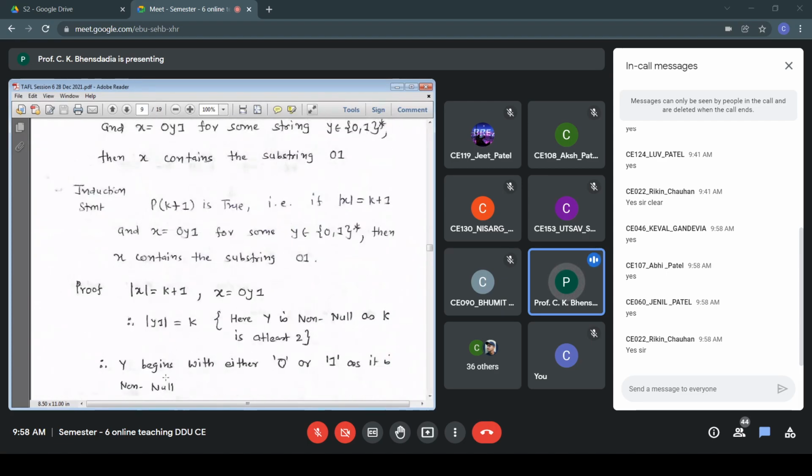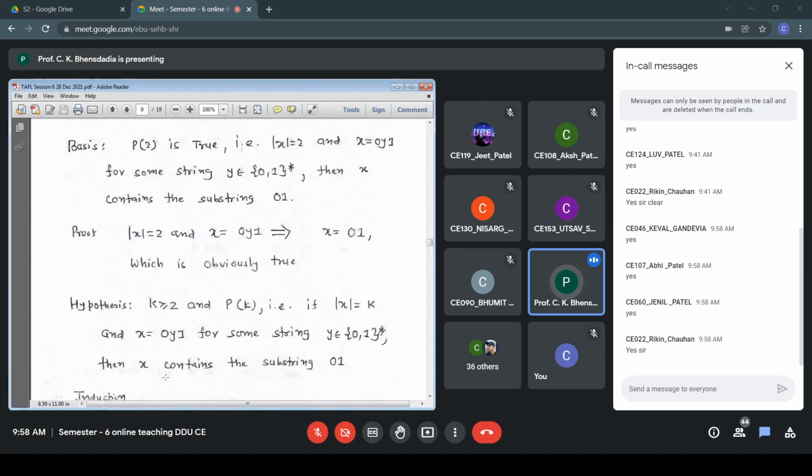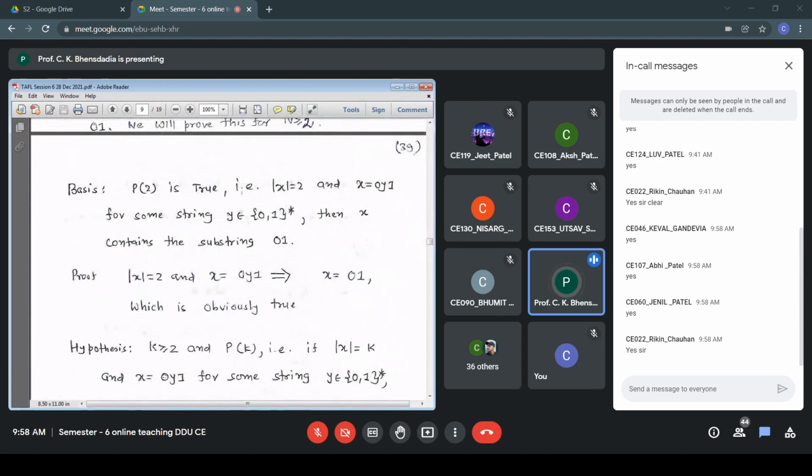If I don't show the satisfaction of the prerequisite and directly say using hypothesis, that will be treated as wrong. It might look obvious, but you have to argue formally. It's very important to formally argue. Whatever we claim is not acceptable unless it is formally proved. Sometimes the things might look simple, but unless we formally prove that, it's not acceptable.